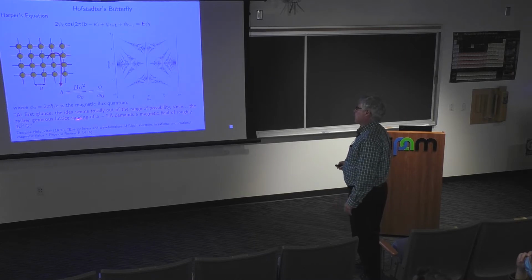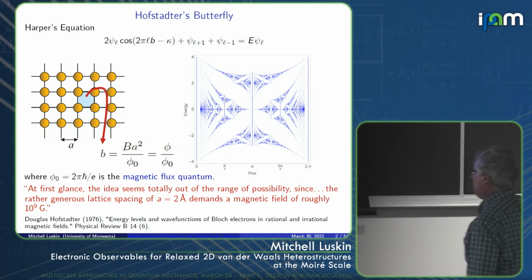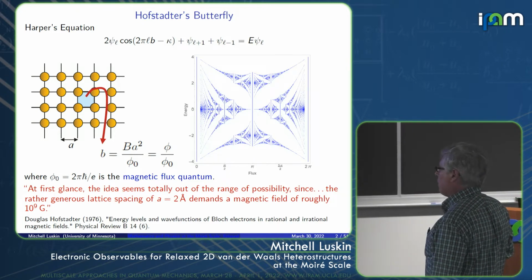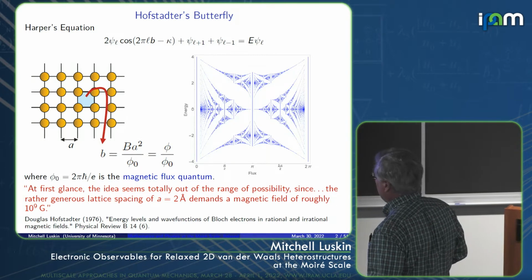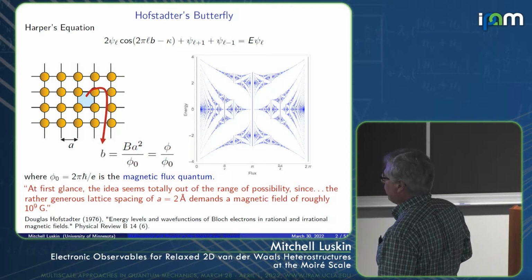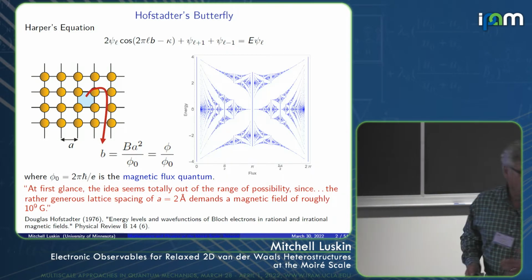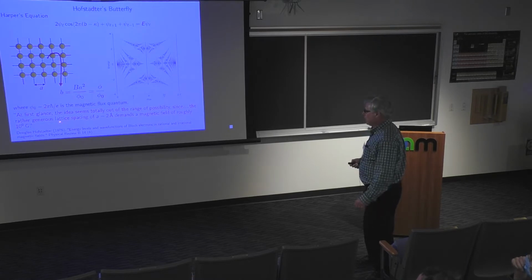He states in his original paper, "At first glance, the idea seems out of the range of possibilities, since the rather generous lattice spacing of 2 angstroms demands a magnetic field of roughly 10 to the 9 G." That's a magnetic field way beyond anything on Earth that people have developed in laboratories.